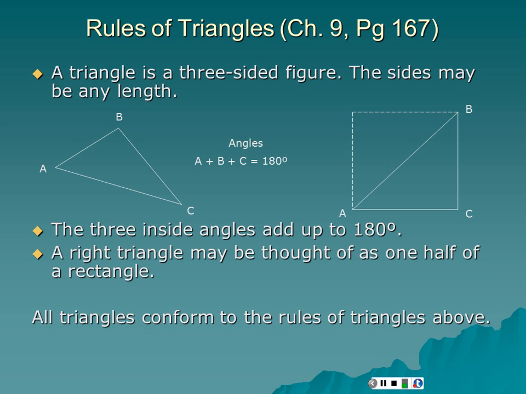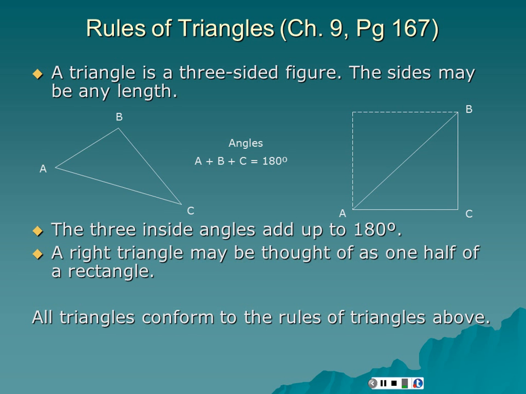A right triangle may be thought of as one half of a rectangle, because for an example, if you take this rectangle or this square, and take one half, either one, you see that will make a triangle, right? And at the same time, that will make a right triangle, because one of the angles must be 90 degree. You see here, this is 90 degree for this half, and for this half, this is 90 degree, right?